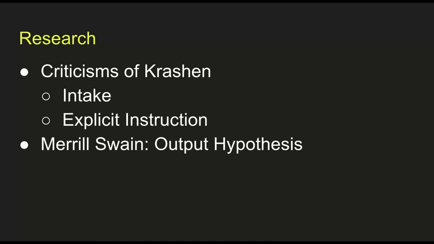Basically, the output hypothesis is that when learners are pushed to produce output, they become more aware of the gaps between their language abilities and what the other speakers are saying. So once learners notice that gap, then they can improve their accuracy and make their output more similar to the input that they are receiving. And so she calls this modified output.